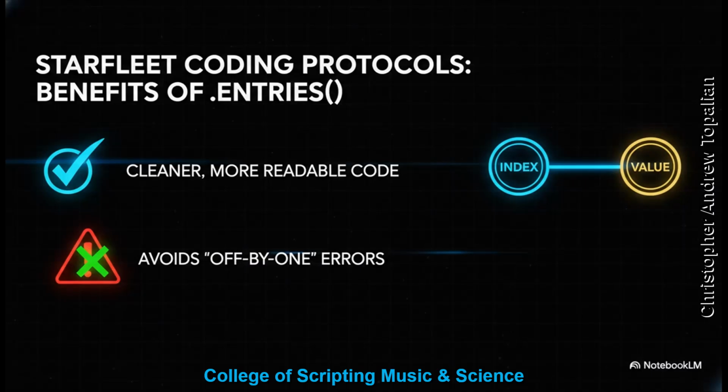By contrast, using the entries method is just superior engineering. Your code becomes so much cleaner and way more readable at a glance. It completely eliminates whole categories of common bugs, and most importantly, it creates this direct, unbreakable link between the coordinate and its cargo, which is exactly what you need for reliable, clear code.